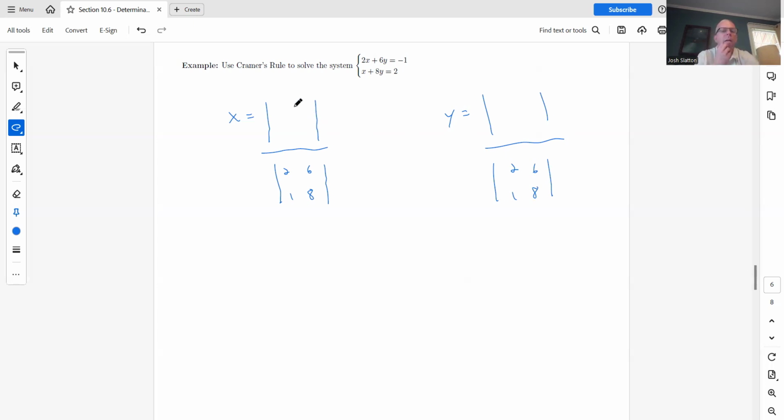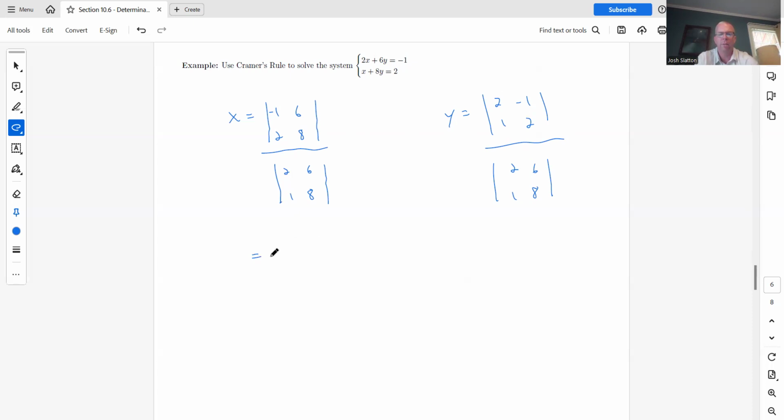Here, this is representing the x's, so we're going to replace that column with the -1 and the 2. The y column is going to stay the same. Over here, we're going to do the opposite: the x column is the same, but the y column is replaced by the B matrix. Now it's just a matter of evaluating these determinants.